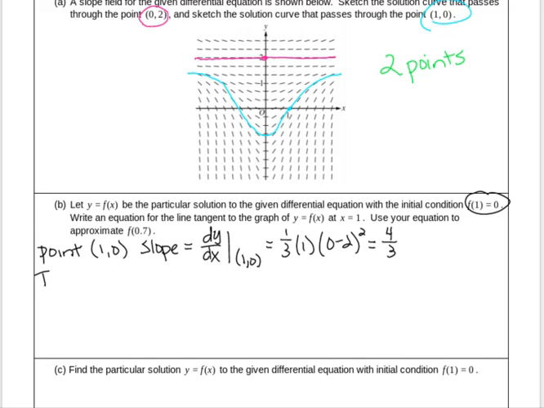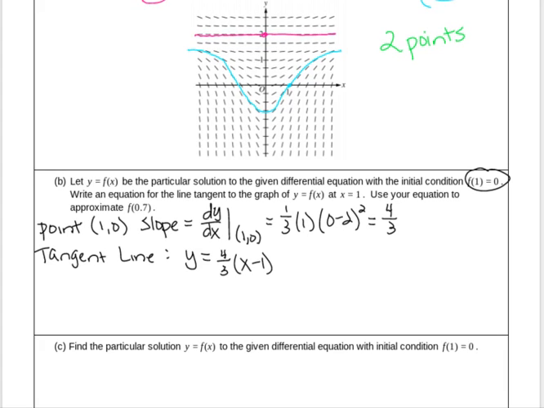So our tangent line is y equals 4/3 times (x minus 1). There's our tangent line, and we're going to use that to make an approximation. I always then go ahead and change it to L(x) equals 4/3 (x minus 1).